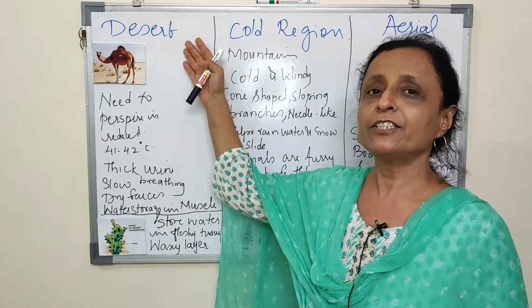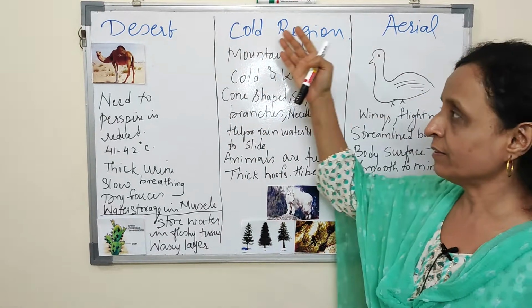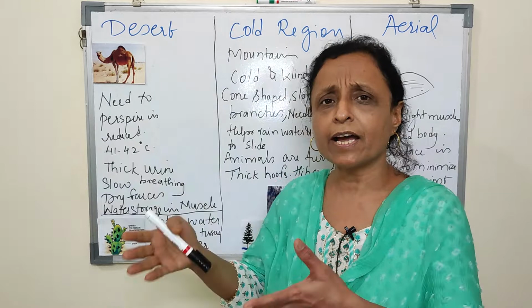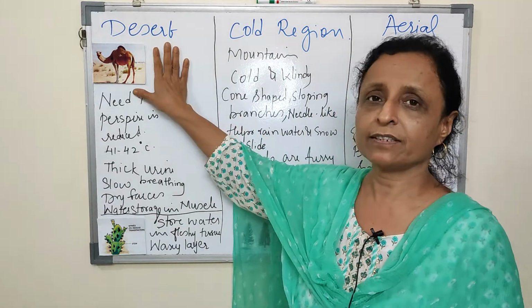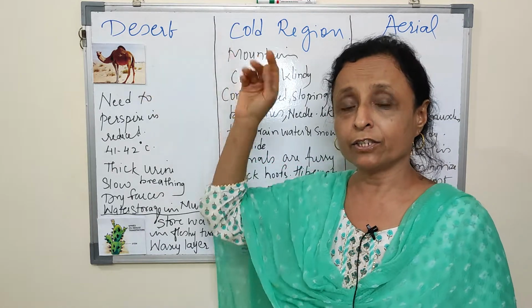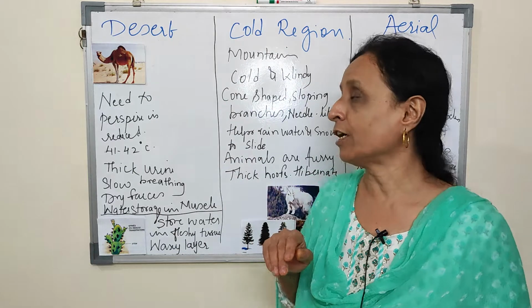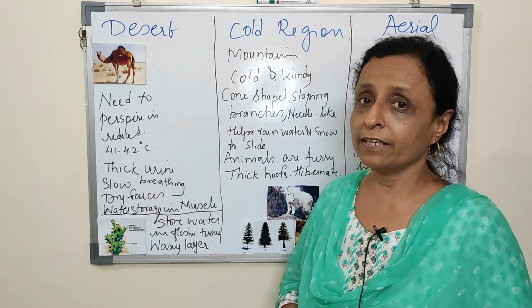Now the adaptation of the desert, cold region and arid region. These animals also adapt according to the environment. So classic example of desert adaptation, camel. Camel is the ship of the desert. You learn right from the childhood. So what adaptation has it done to stay in the desert?